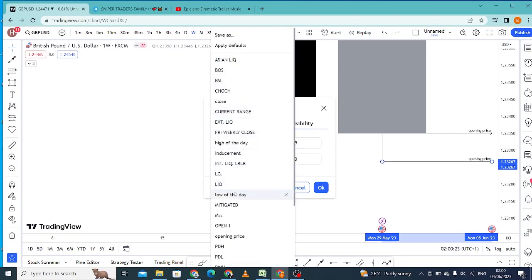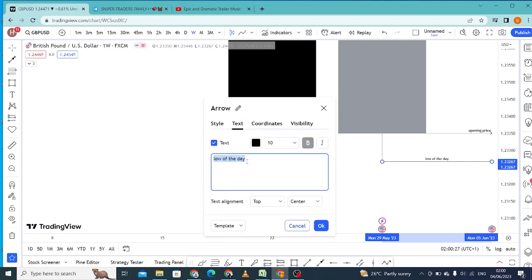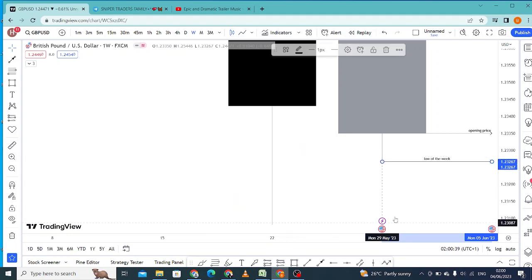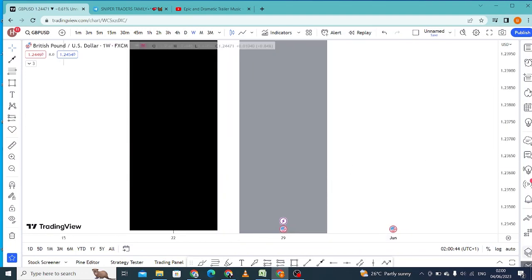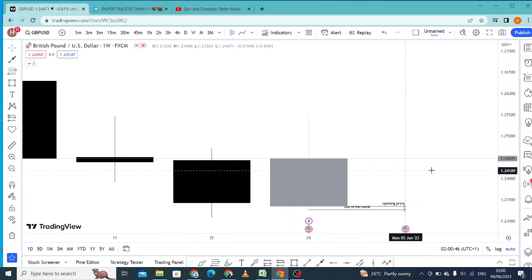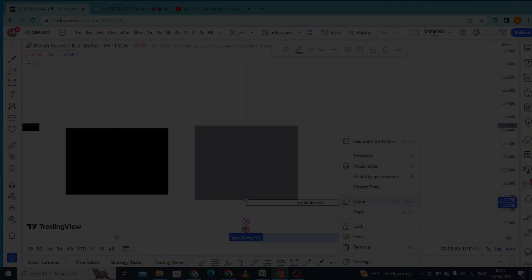The low of the week was being created here. Then we had the bullish move. We had this bullish move to create the high of the week.